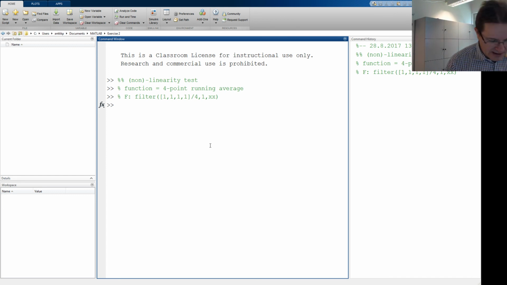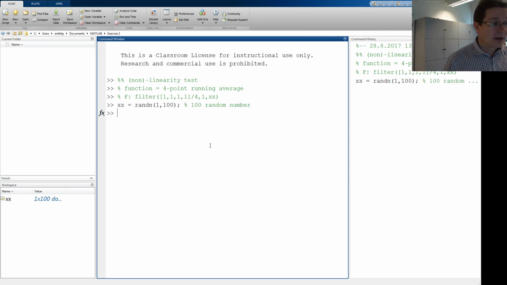So first I need the two test vectors, for example, uniformly distributed random numbers, 100 points, as a row vector, so one single row of values.